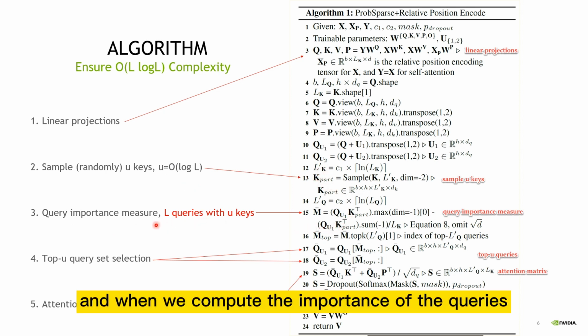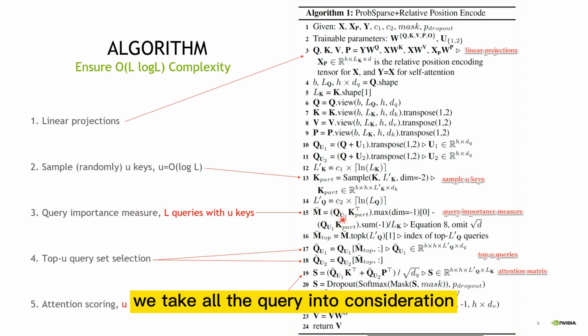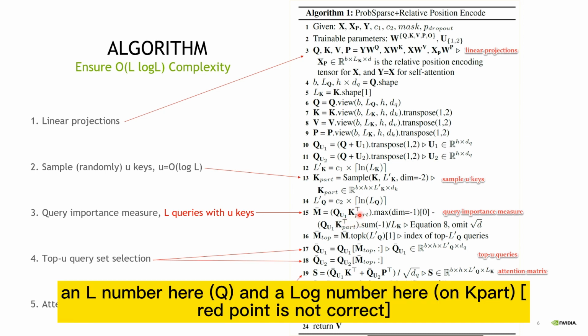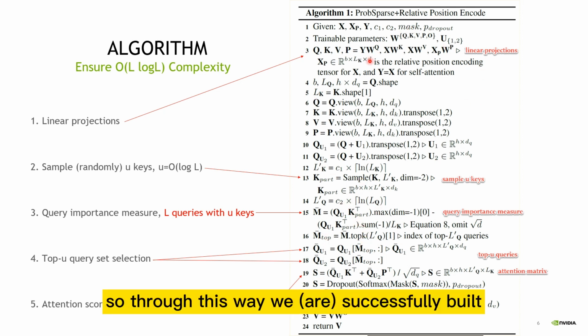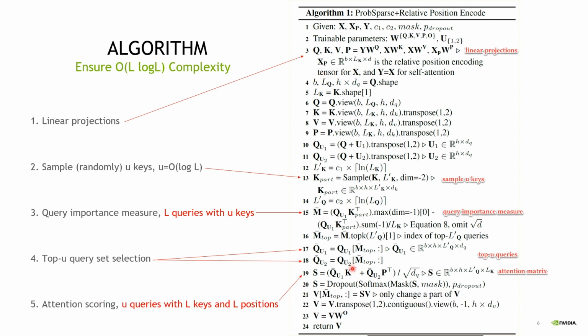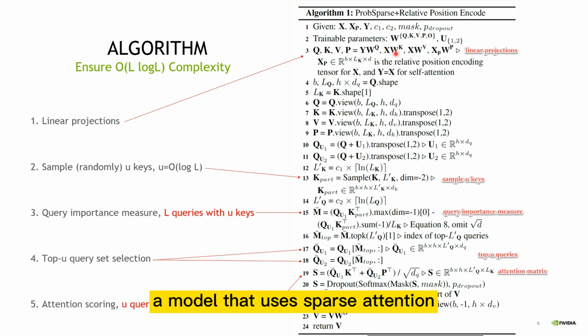When we compute the importance of the queries, we take all the queries into consideration, so here is L and here is log L. After we have this measurement, we pick the top log L queries to finally compute the attention score. So every step has L times log L as an upper bound time complexity. In this way, we successfully built a model that uses sparse attention.